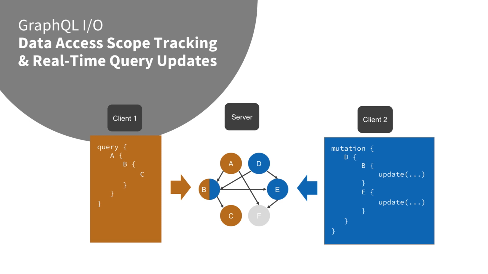The point here is that client 2 touches the entity B with an update, and this entity is part of the result of a query of client 1. And the effect is, once this mutation happens by client 2, the query of client 1 is automatically refetched. And this way, client 1 automatically gets an updated response.